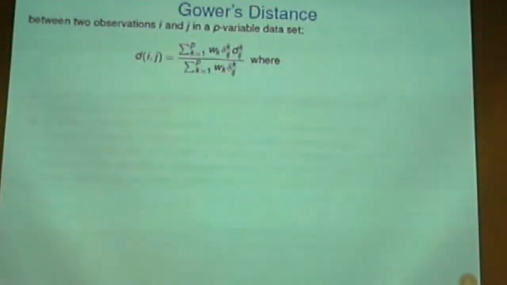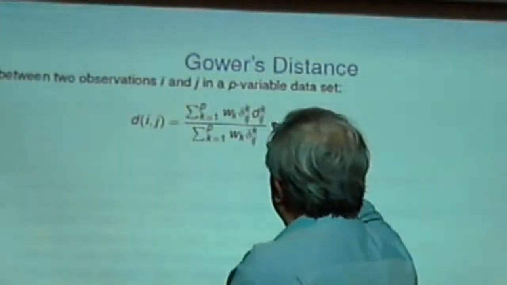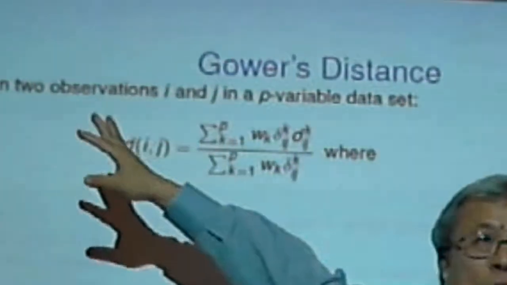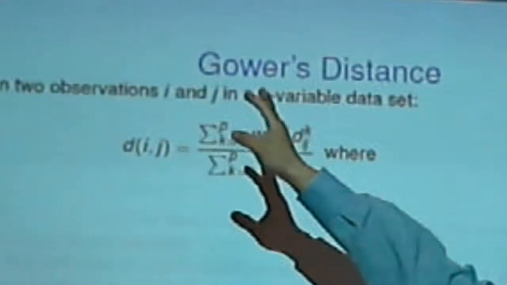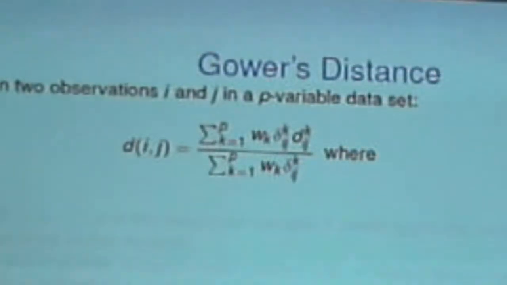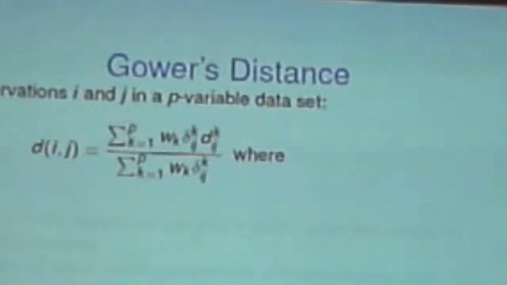Okay, this is how Gower's distance was defined. Suppose now we are looking at the distance between object i and object j. For the time being, consider objects to be observations, and then we have variables in the columns. So the distance between two objects or two observations i and j in a p-variable data set.